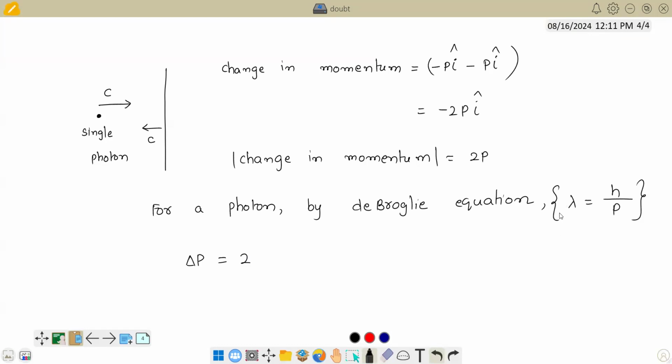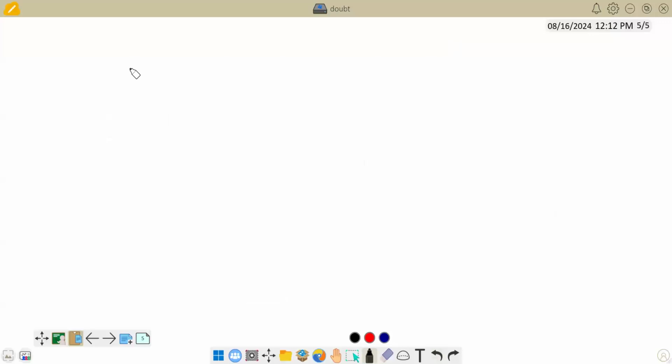Using that, momentum equals h by lambda. So change in momentum we got as 2h by lambda. So the force acting on this due to a single photon would be 2h by lambda into 1 by t. So this is the force acting due to a single photon.